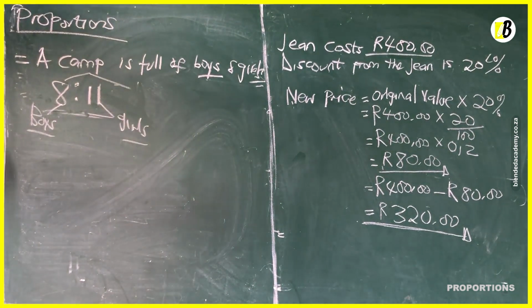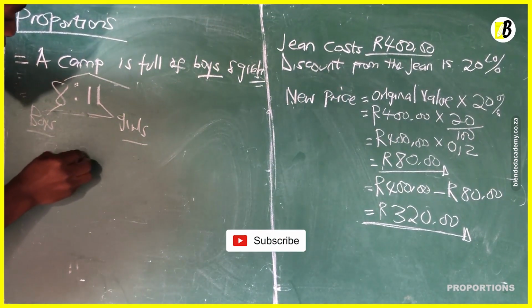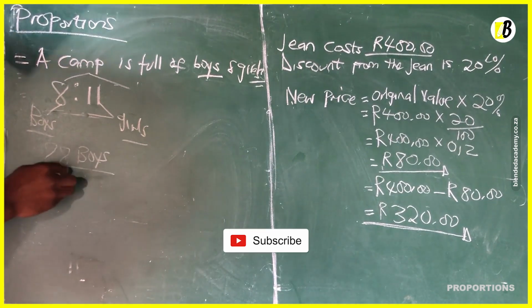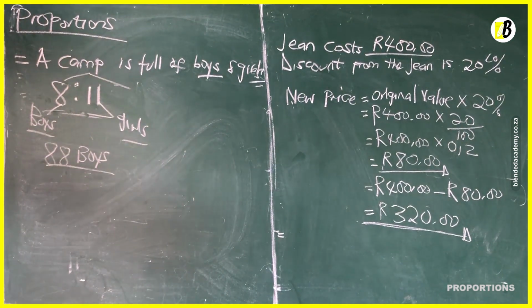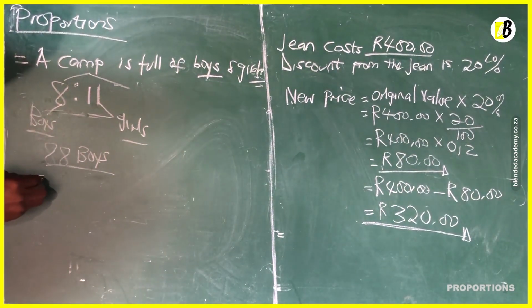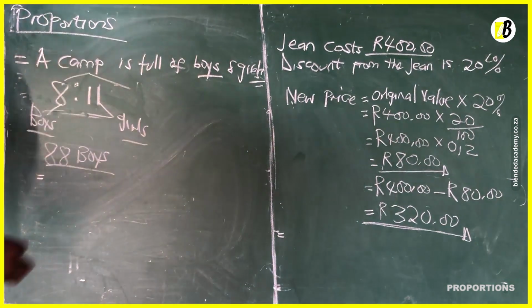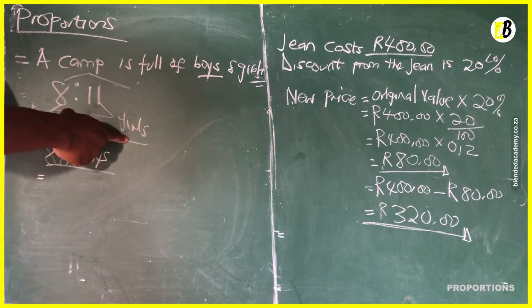Right? And then you're also given the total number of boys in that camp. They said that there are 88 boys in the camp, right? And then the question is, what is the total number of girls in the camp? So let's see if we can answer that. So we know that 8 represents boys and 11 represents girls.